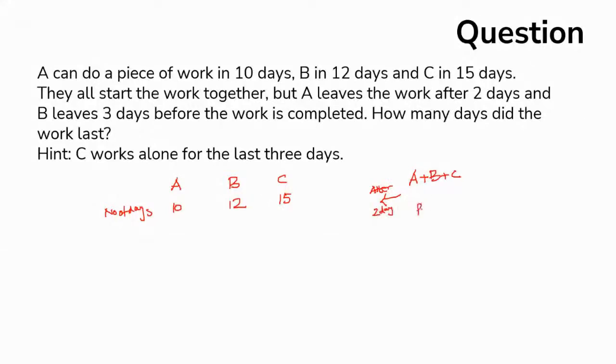So it is like B and C only working, and after that, B leaves 3 days before the work is completed. So before 3 days of the work completing, B leaves, which means only C is doing the work. So in how many days does the work last? How do we solve this? We try to solve this problem through the LCM method.